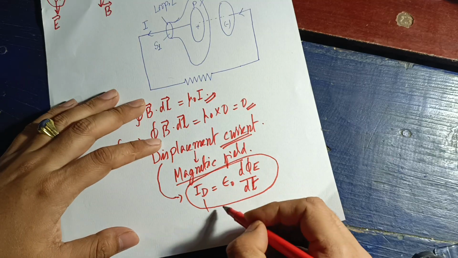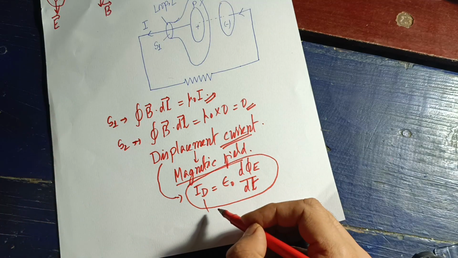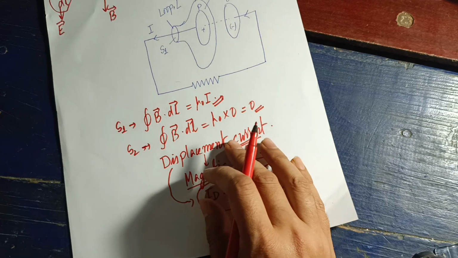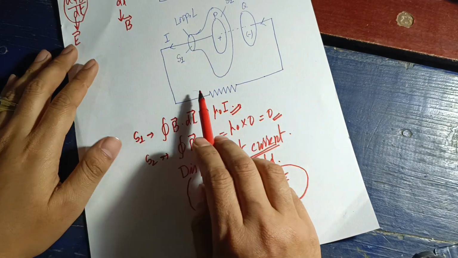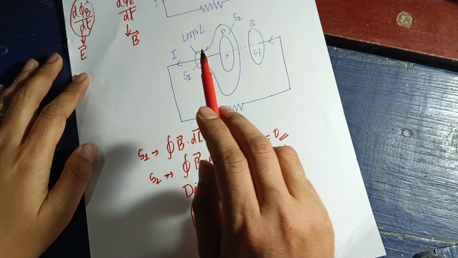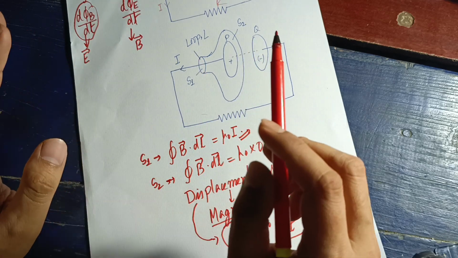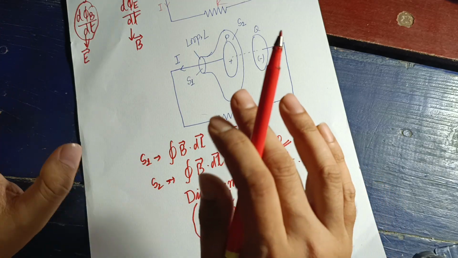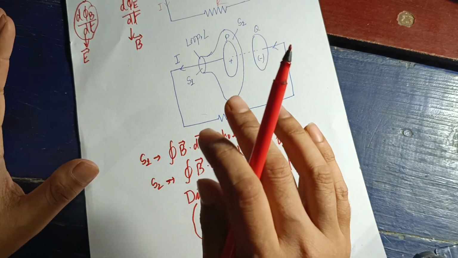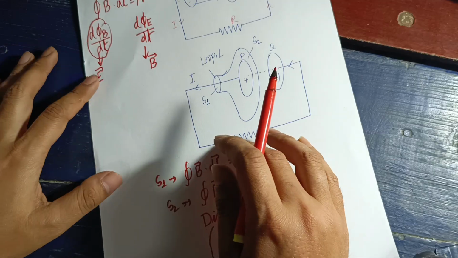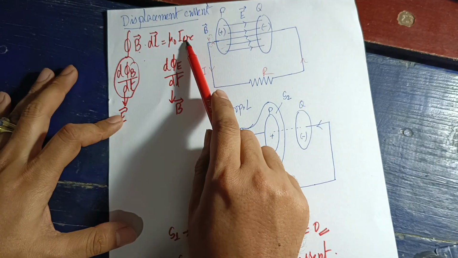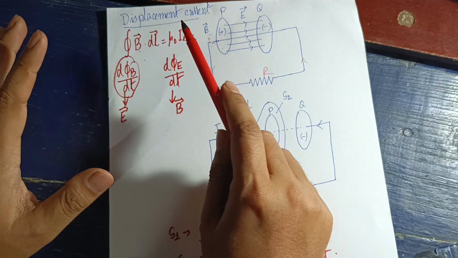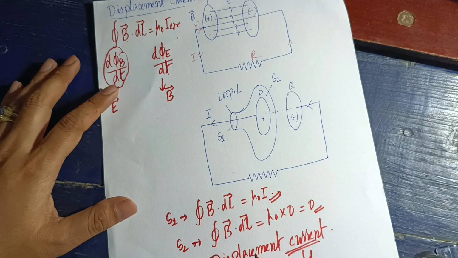This displacement current has the same unit as current, that is ampere, and it has the same role as your conduction current that is flowing through the wire. So when we take a circuit, we have to take two types of current, the displacement current and the conduction current. Conduction current is actually the physical current. In Ampere circuital law, Ampere left out displacement current.